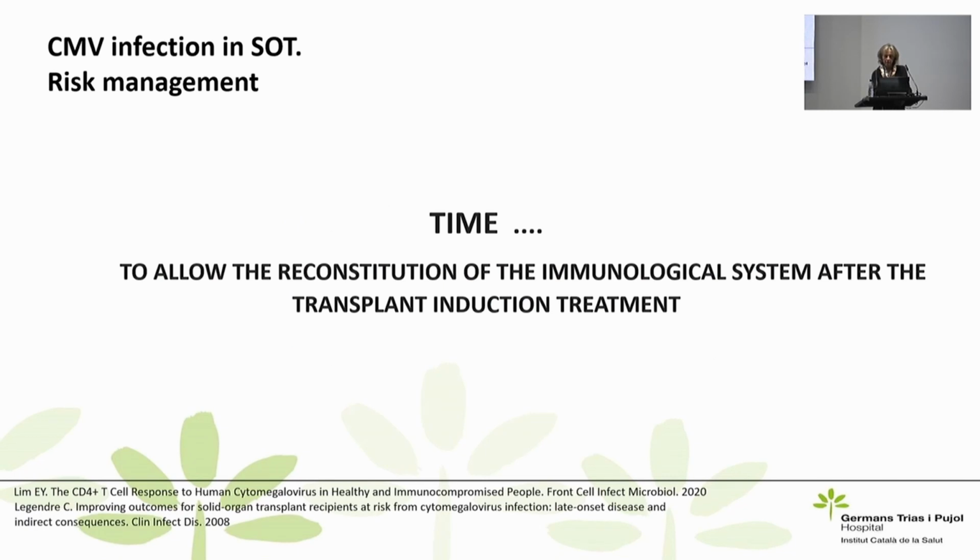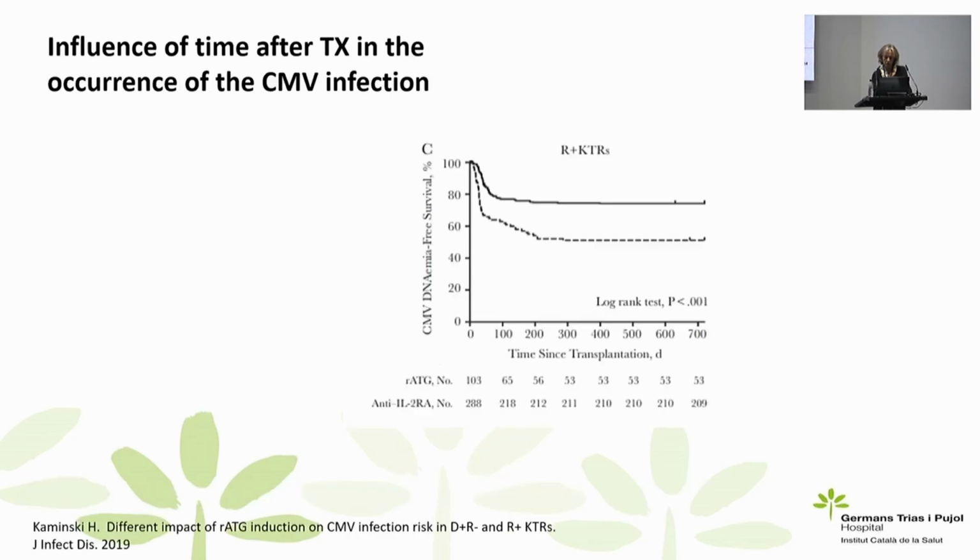And why did I say time before? Because time is very important to allow the reconstitution of the immunological system after the transplant induction treatment. You can see here in this graph from Kamensky that most of the cases of CMV in the basiliximab group happen in the very first days, in the first month after transplant.